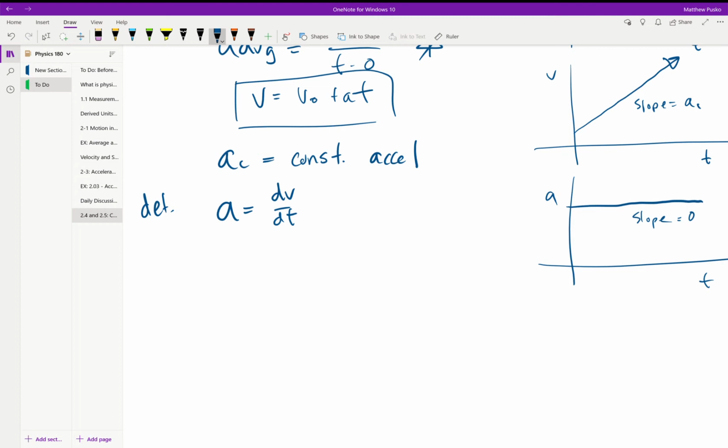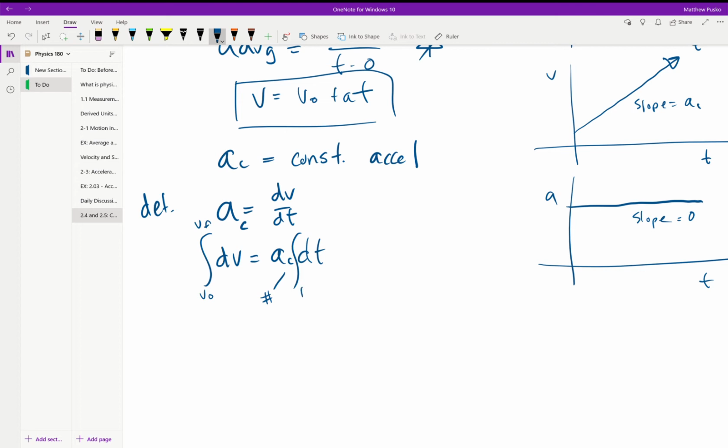Okay, all we have to do is separate our variables and we get dv is equal to the constant acceleration times dt. Now let's just integrate both sides. We can move the constant acceleration outside the integral because this is just a number, it's a constant value. And what do we get? Let's integrate this from v naught to v final.